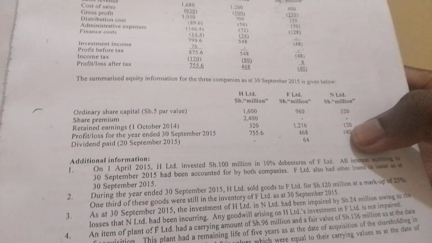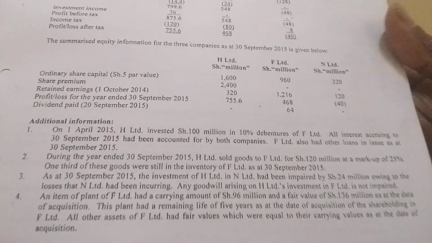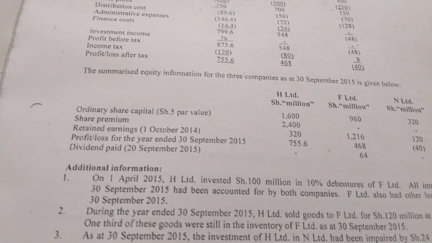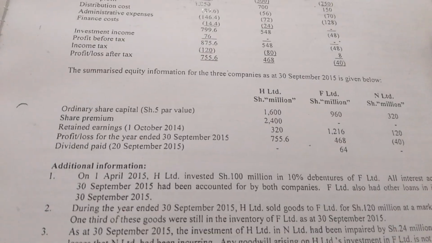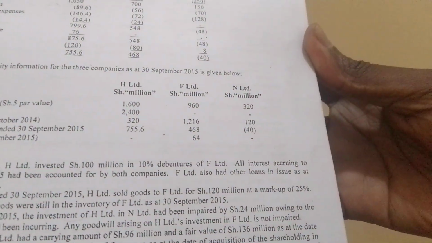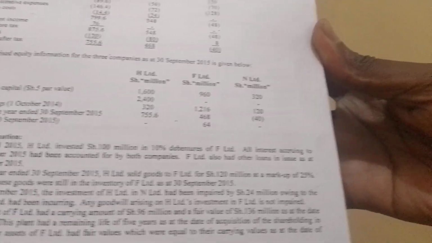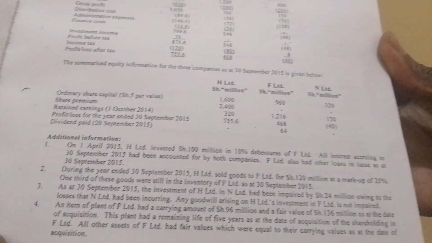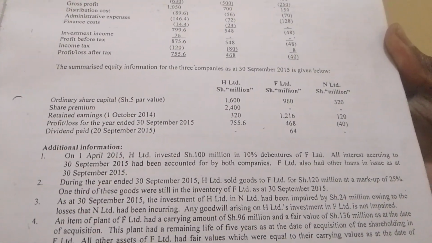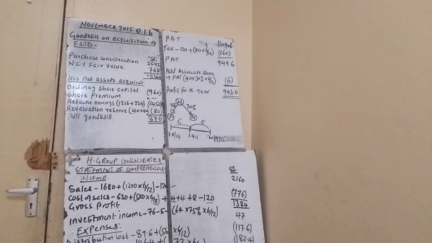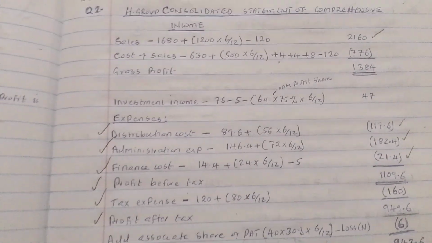We are receiving dividends. You can see dividend paid 20th September. They were coming from F Limited. So this 64, what the parent will receive is 75% of that. 75% of that is what you receive, but again, you have to apportion that time.